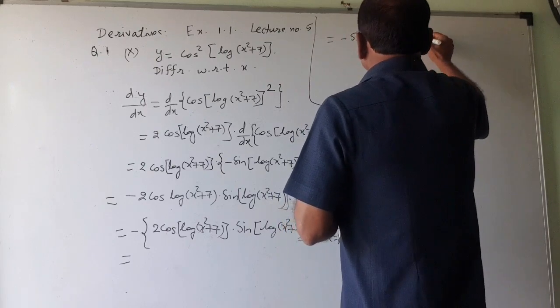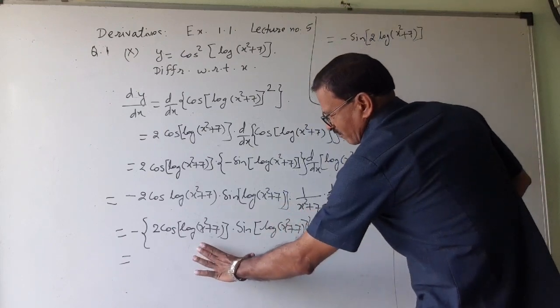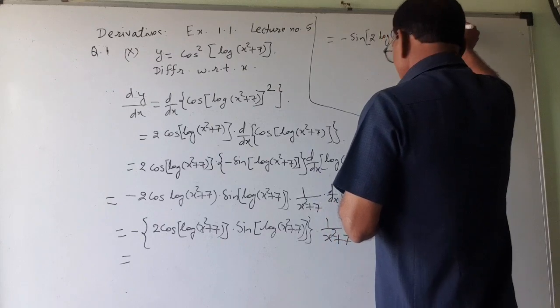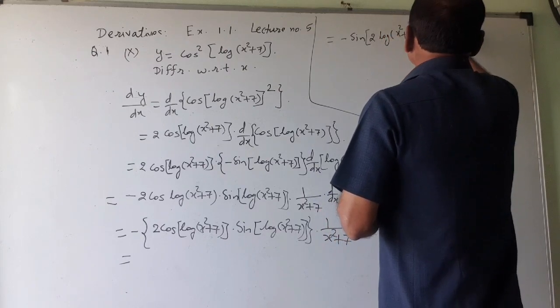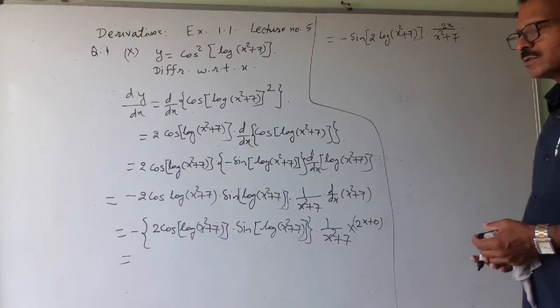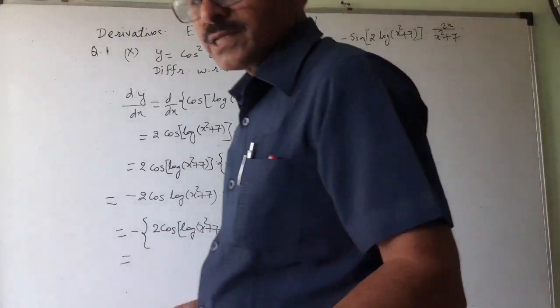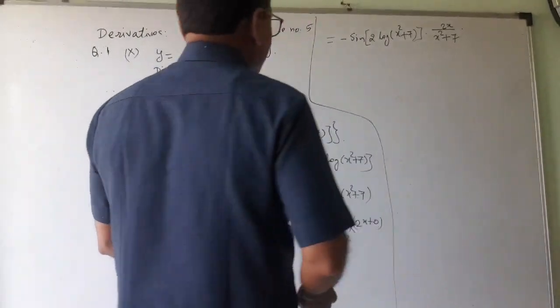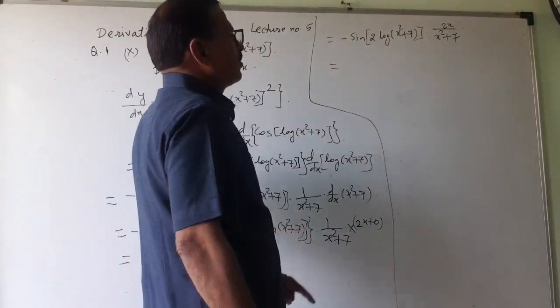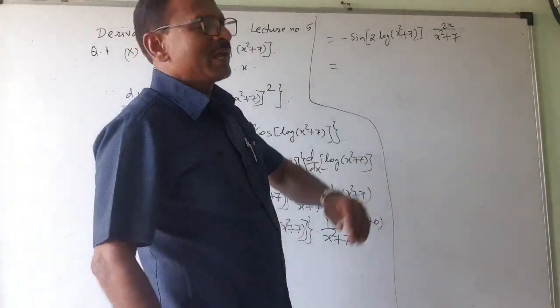This is that angle, and this is the reduction of this whole, into 2x upon x square plus 7. Just solving is not essential. Analyze it properly and then go on continuing. Because for the examinations it will not be like this.